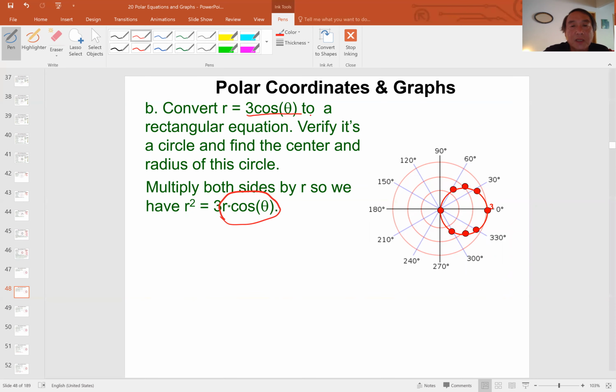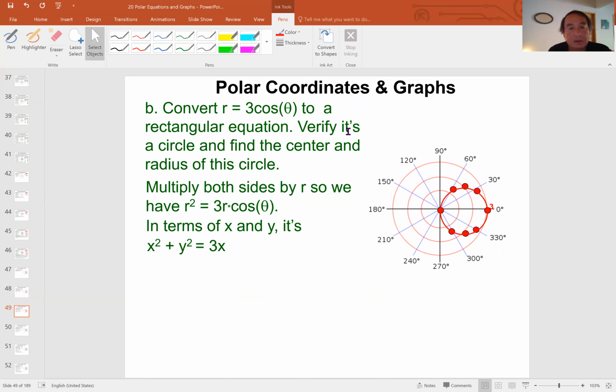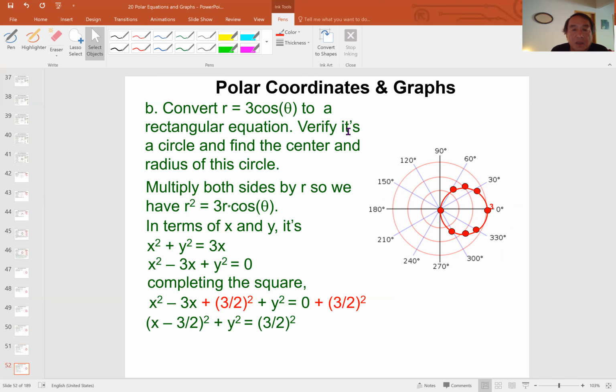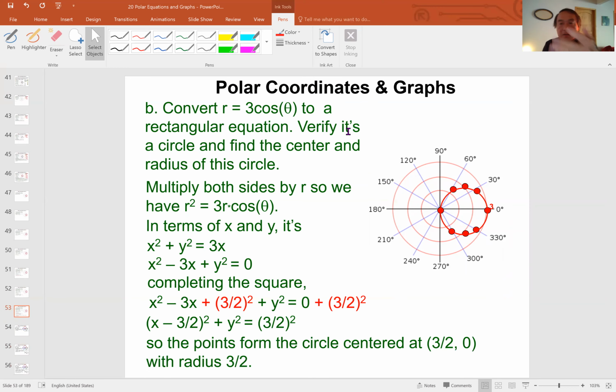If I see cosine theta, I multiply an extra r into it, because r cosine is x and r sine is y. So I get these equations. Then if I complete the square, I get exactly this equation of the circle. Exactly halfway is the center, and the radius of this is 0.2.